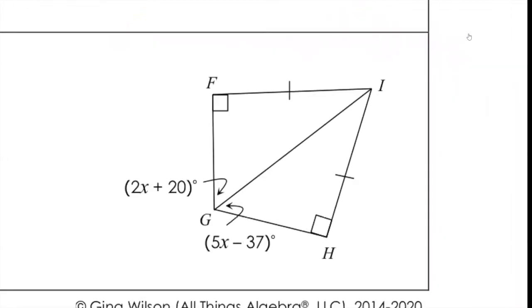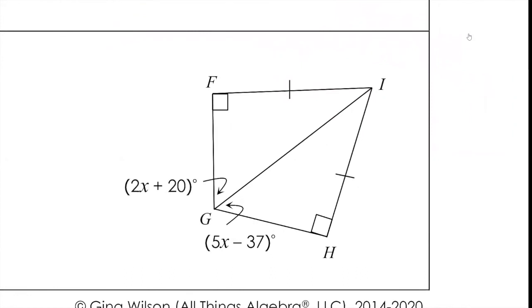So when I look at this diagram, as it is given, they did not give me the criteria for the angle bisector because they didn't tell me that top one was congruent. And they did not give me the criteria for a perpendicular bisector.